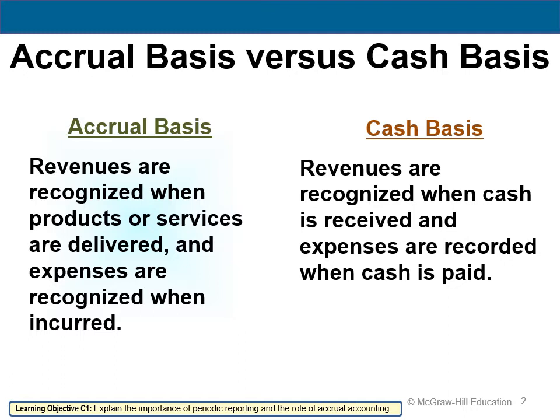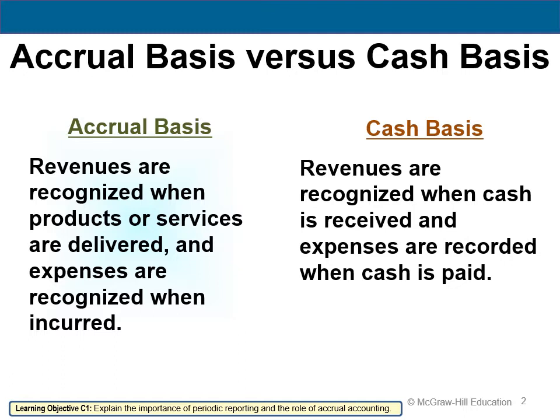Let me say it this way. On the cash basis of accounting, when you get cash, you'd recognize the revenue, and when you spend cash or write a check, then that's when an expense is recorded.